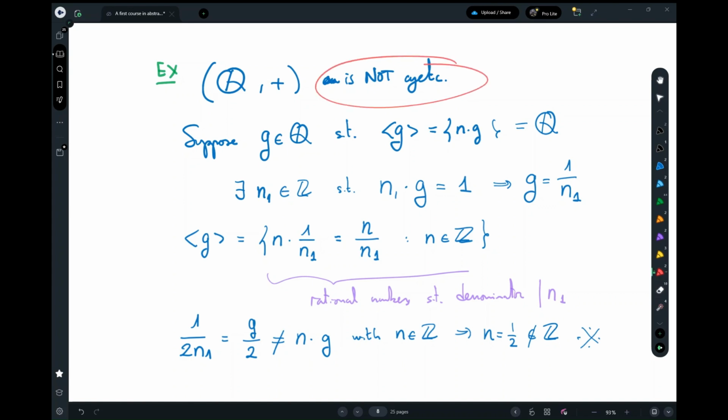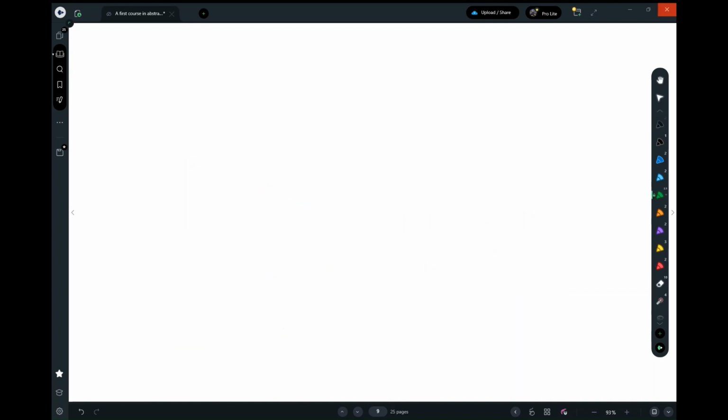Okay. Let me give you another example of a cyclic group inside the rationals this time. So I'm going to consider now the rationals under multiplication, which is actually a subgroup of the real numbers under multiplication. So if you want, you can consider what I'm going to do as a subgroup of either one.